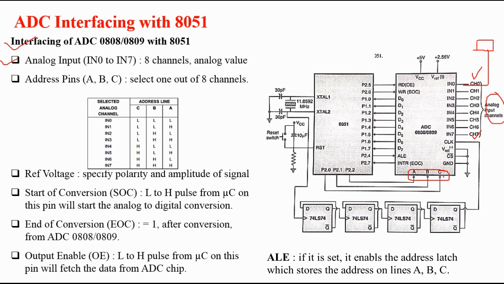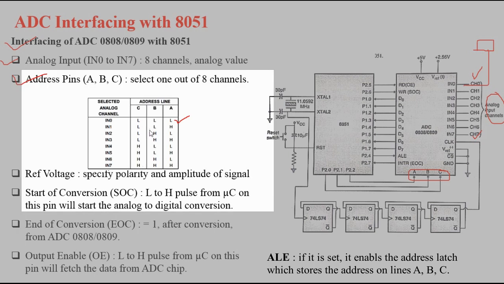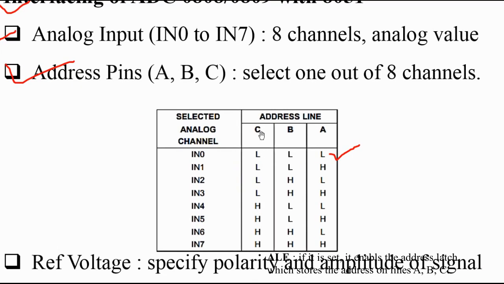Then the ADC, as we know, has those address pins. Those are helpful for us to select one out of 8 channels. It means that if CBA is 000, IN0 channel will get selected.